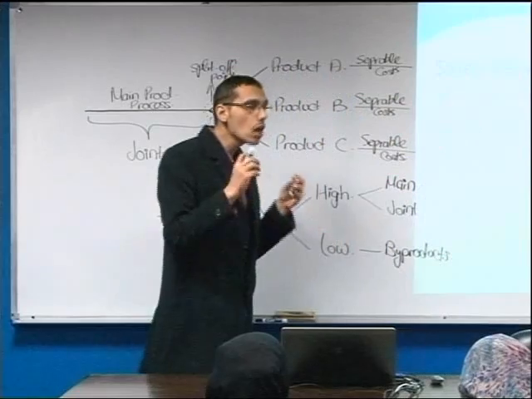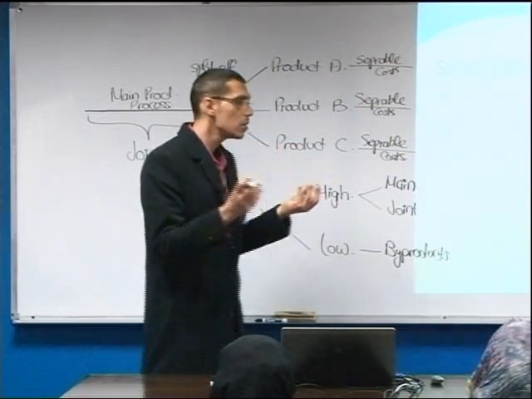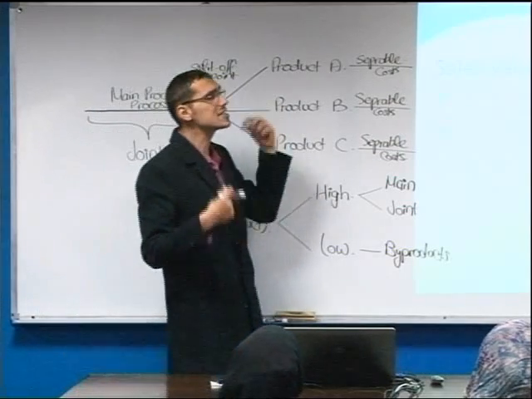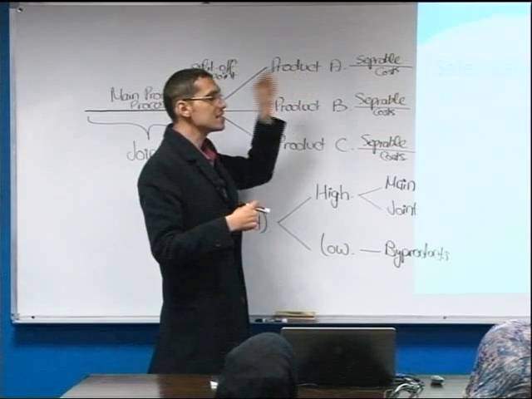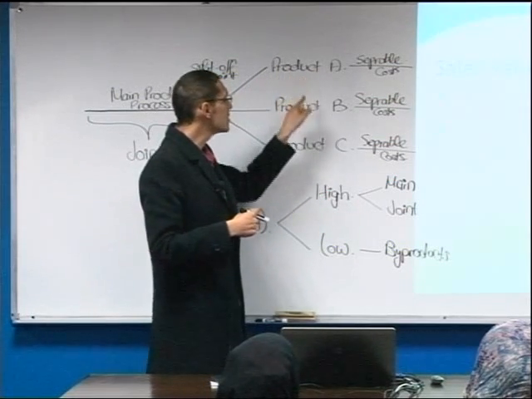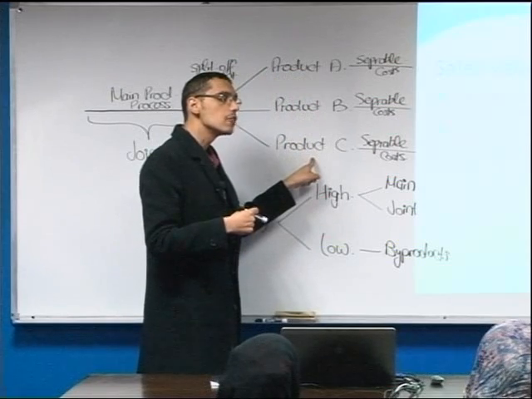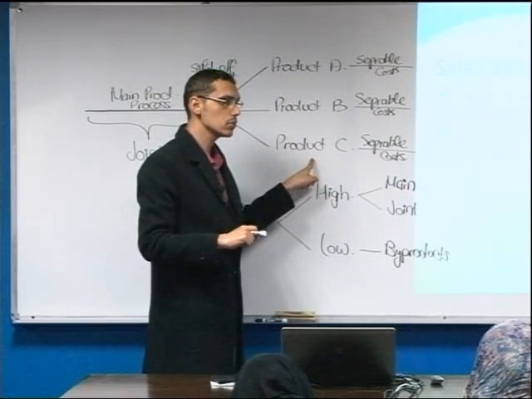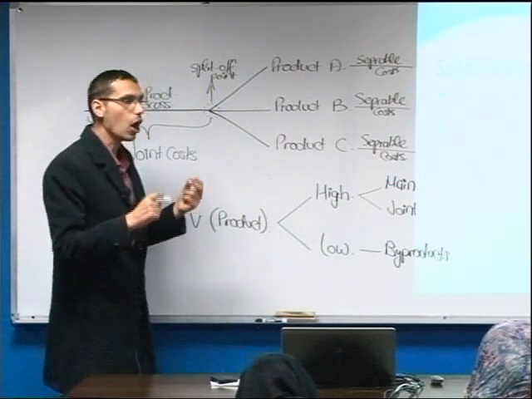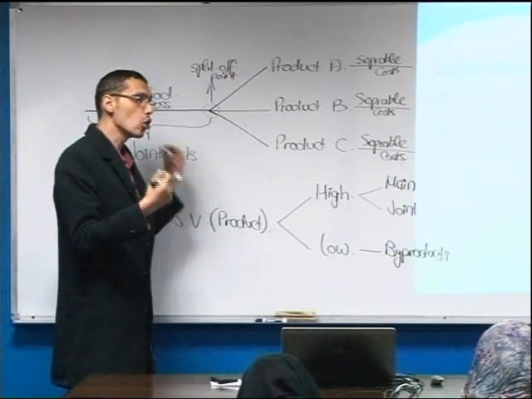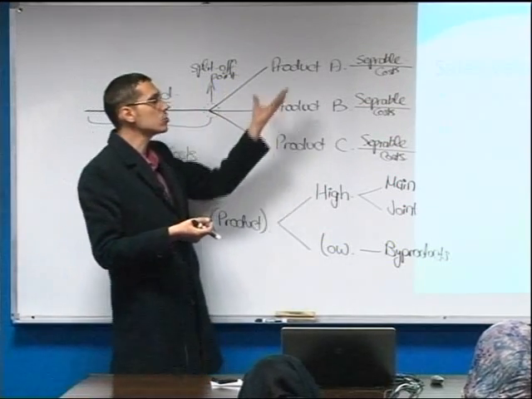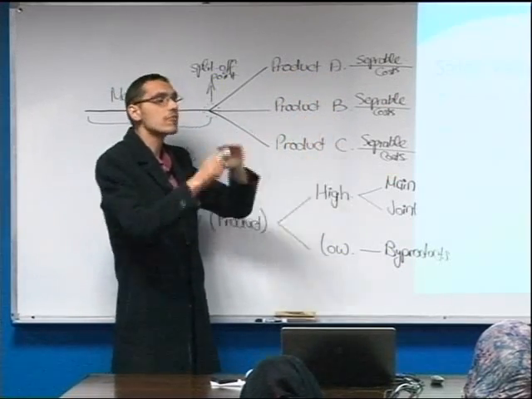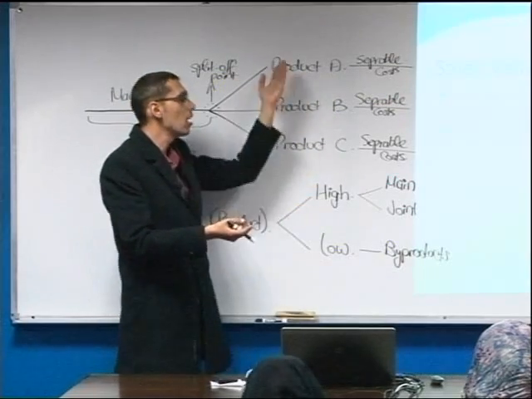Therefore, we are going to allocate the joint costs using the percentage of the sales value of these different products from the total sales value of the total products.